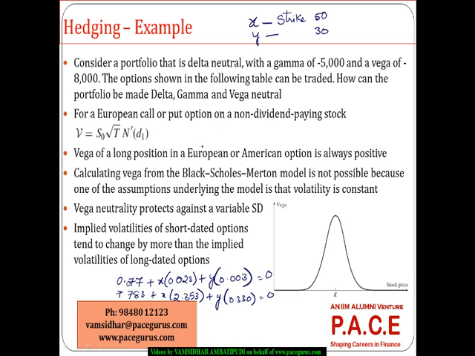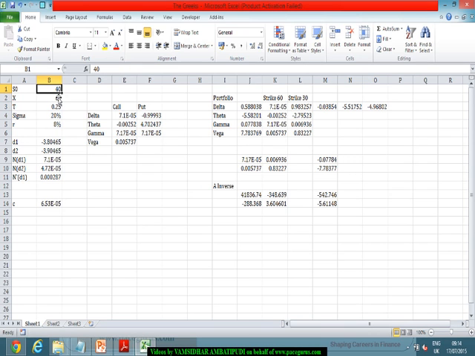So Vega of a long position in a European or American option is always positive, short position is negative. And we should not calculate the Vega from the Black-Scholes, because the Black-Scholes has made an assumption that the volatility is constant. And one more important thing, as the stock price is changing, let's say if I'm looking at the money, the Vega is 11.